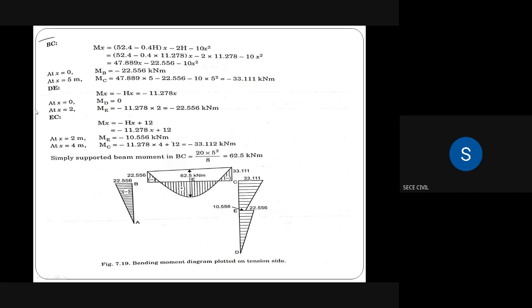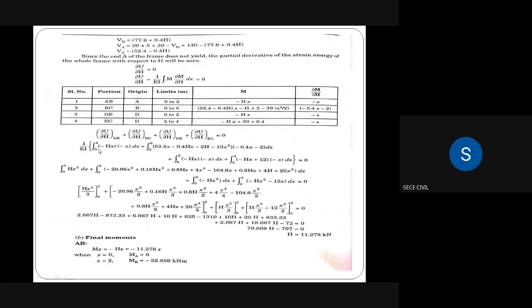Next span EC. For the span EC, the boundary condition starts at 2 because the x starts from point D itself.